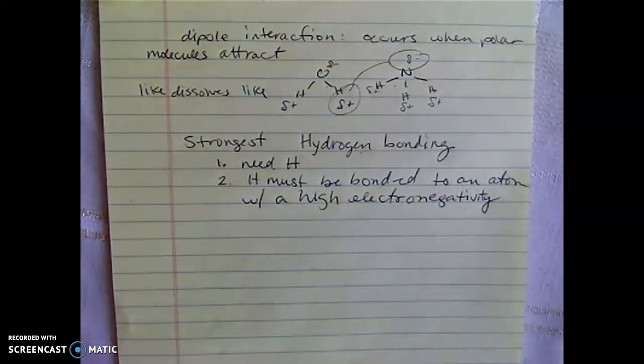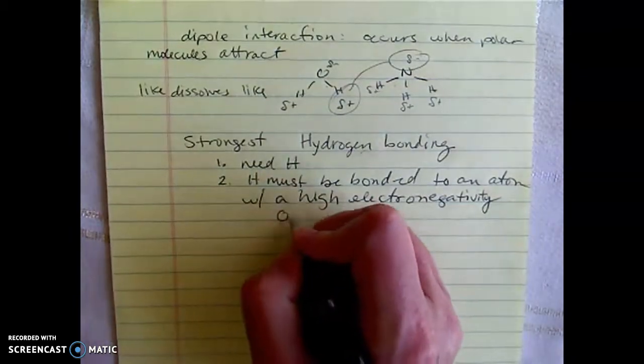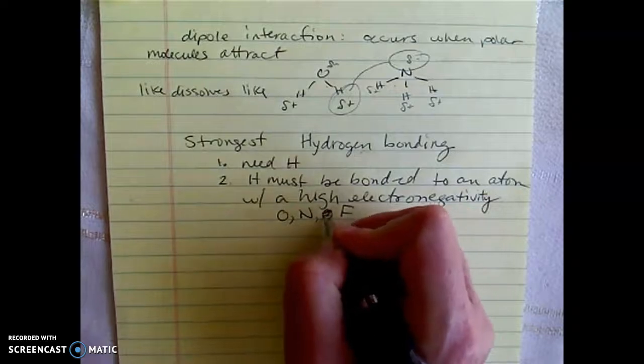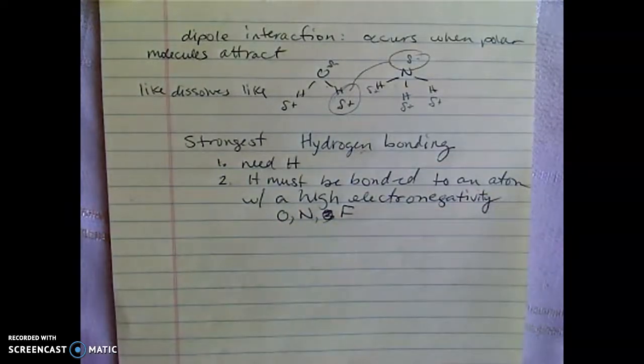Most typically, hydrogen bonding is going to occur when hydrogen is bonded to oxygen, nitrogen, or fluorine. Those are three of our higher electronegativity atoms that hydrogen will bond with and produce hydrogen bonding.